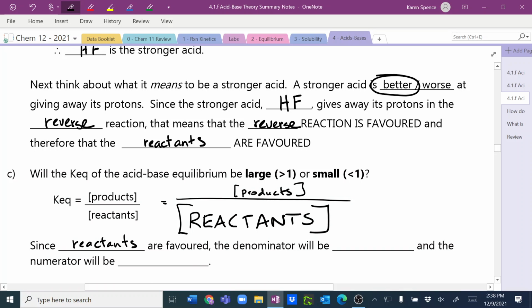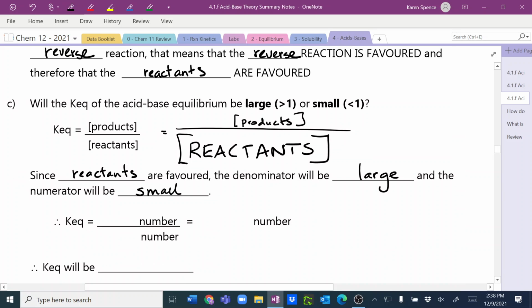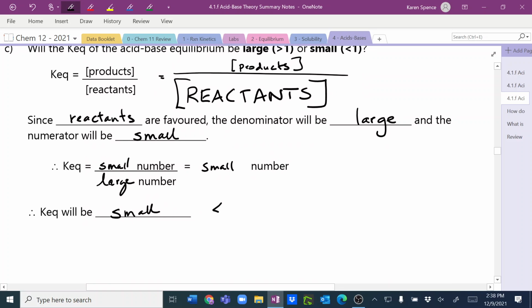Since the reactants are favored, the denominator will be large and the numerator will be small. And therefore, KEQ is going to equal a small number over a large number, which gives us overall a small number. And KEQ will be small. In other words, it will be less than 1.